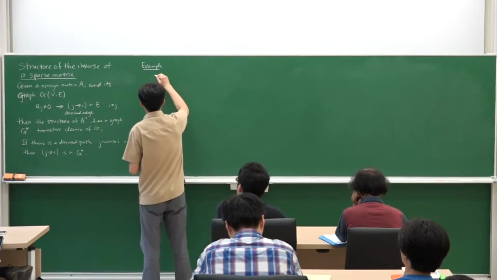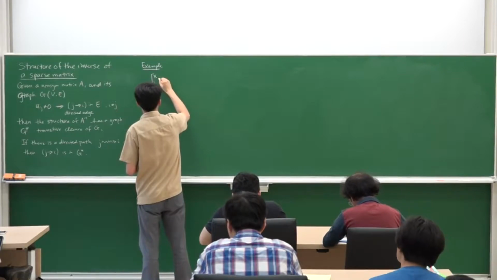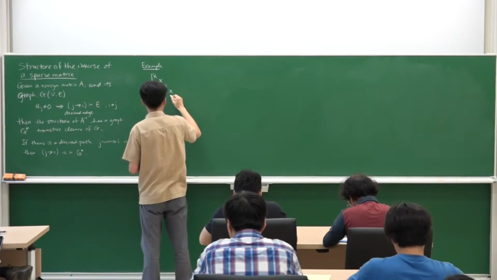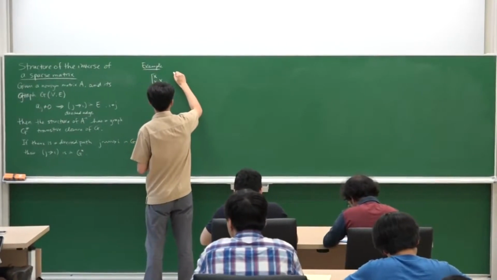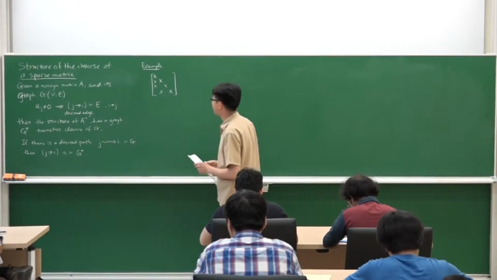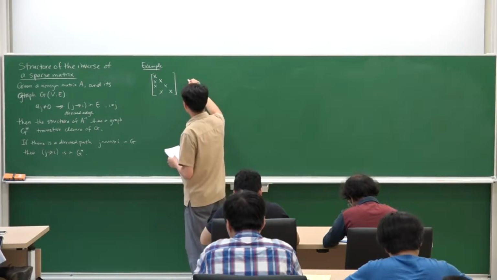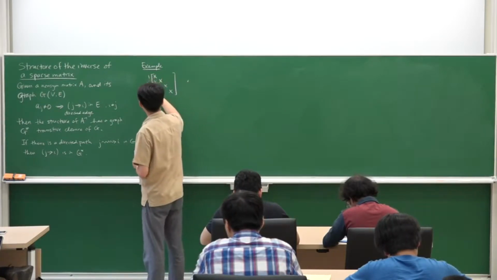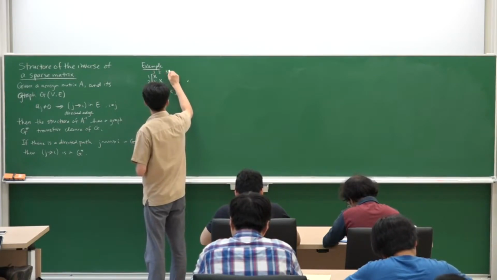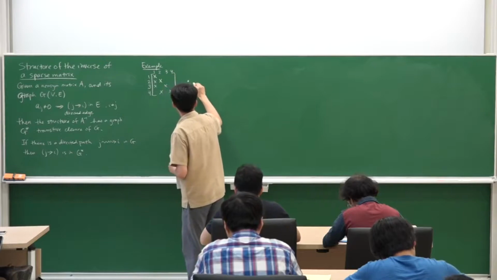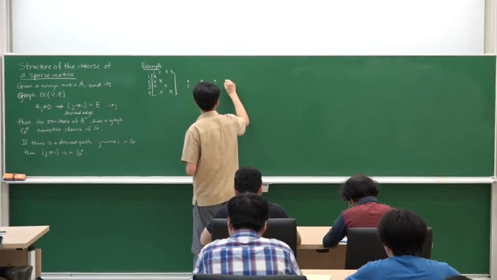So here's a 4x4 example. Okay, 4x4 example, and it has a graph. So let's label the rows and columns 1, 2, 3, 4.